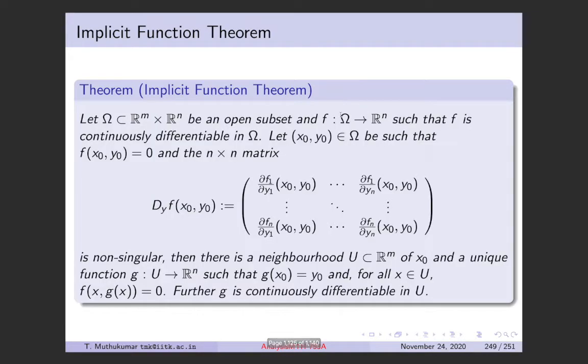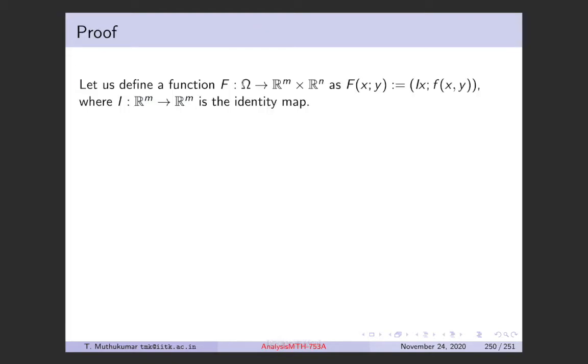When I say m plus n dimension, I mean where omega is sitting. So here F is from omega to Rm plus n, which means the range has the same dimension as where omega is sitting. So how do you define this capital F?